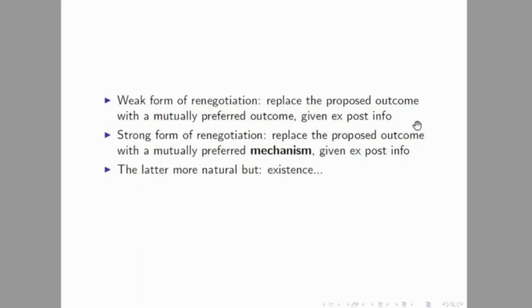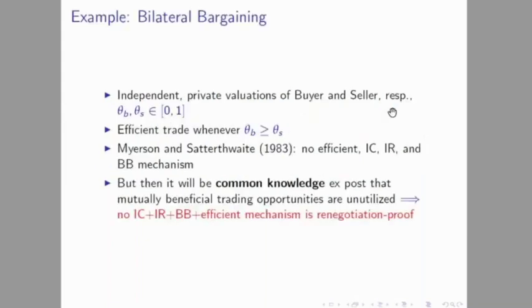Unfortunately, renegotiation proofness using this strong criterion is probably too strong a condition, because quite often such a mechanism doesn't exist. Think about the following canonical scenario: bilateral bargaining, the setup studied by Myerson and Satterthwaite in their '83 paper.